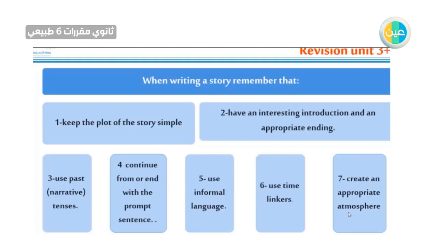So I wrote, last January, I was in Abha and the weather was very hot. Is it appropriate? Is it reasonable? In Abha, January, it couldn't be hot. It's very cold. So please be careful for these points and you will write a good, acceptable story.